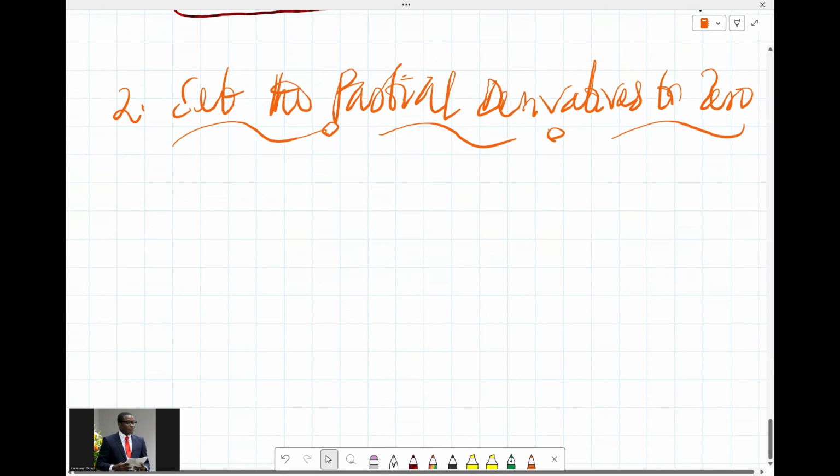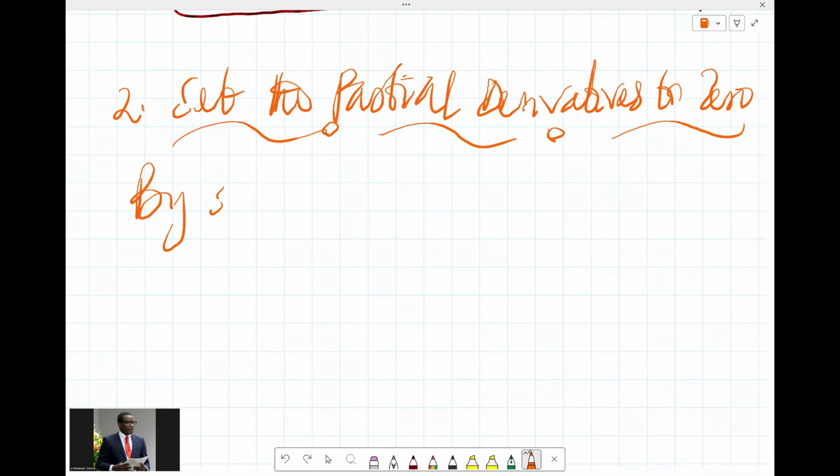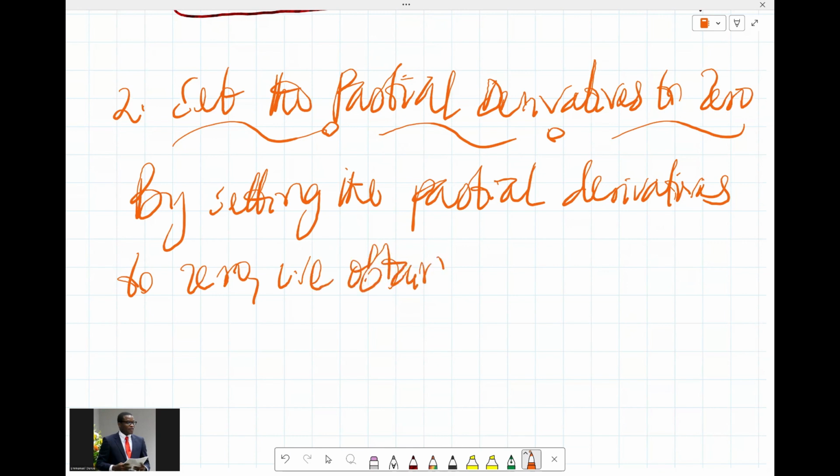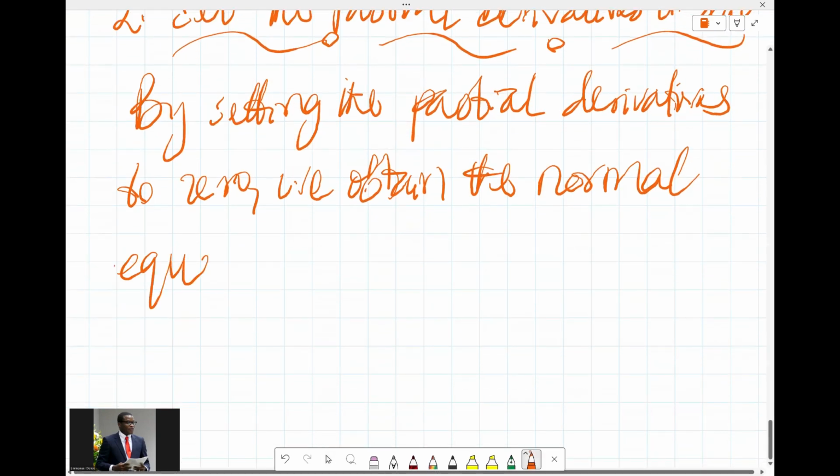By setting the partial derivatives to 0, we obtain the normal equations.